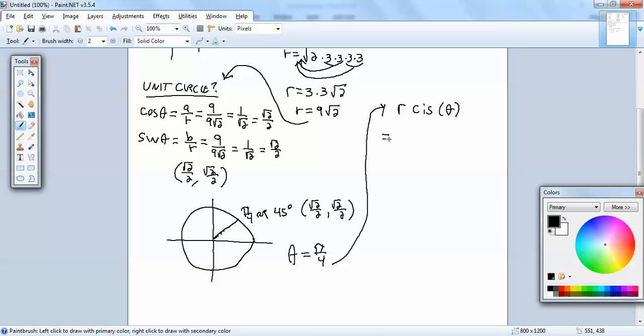Well, r we said was 9 square root of 2. CIS refers to cosine and sine. The I is imaginary. And then our angle was pi over 4.